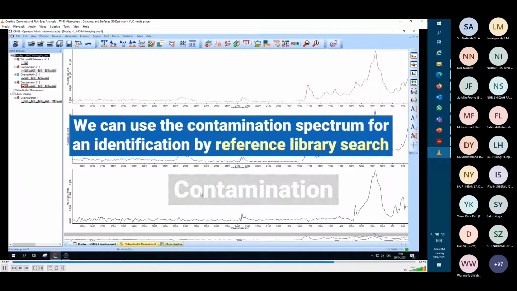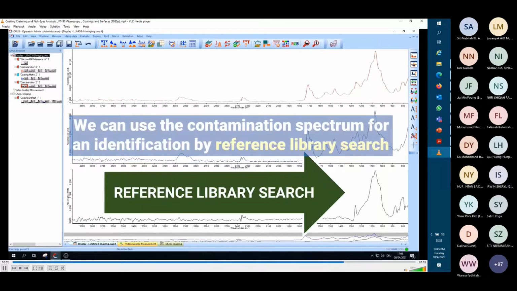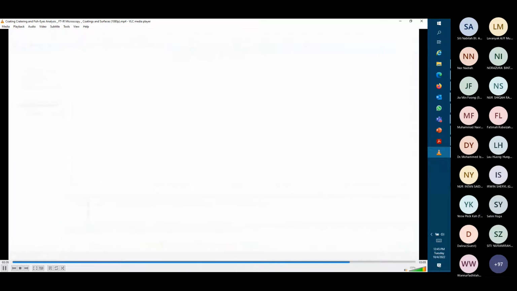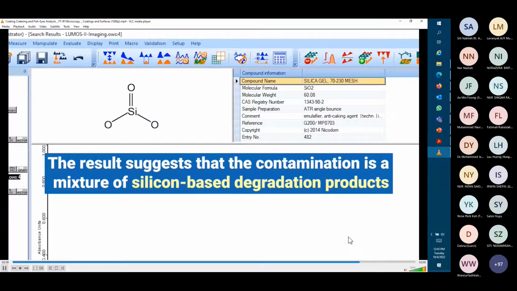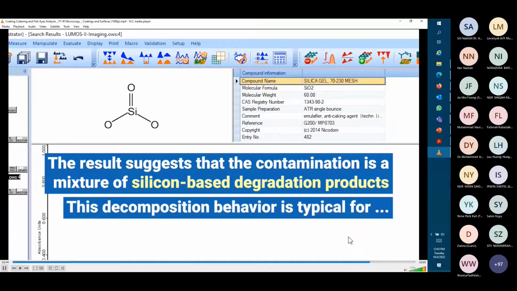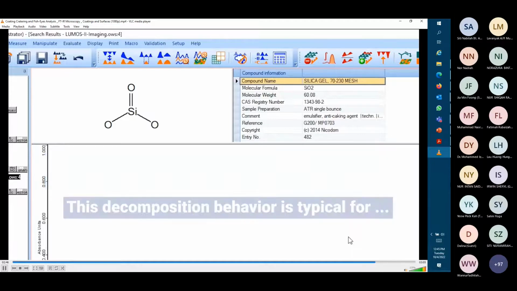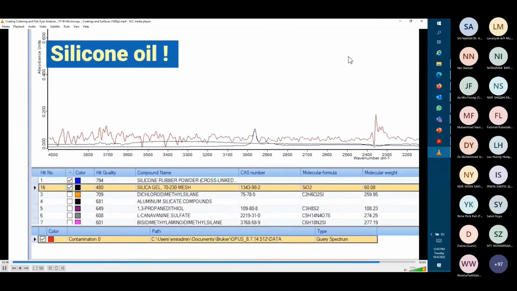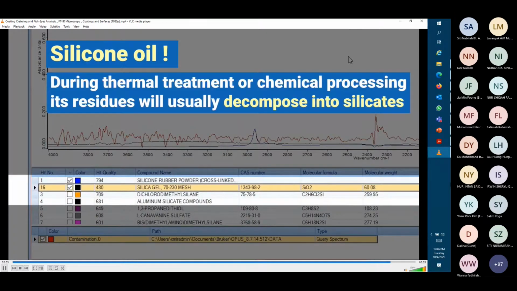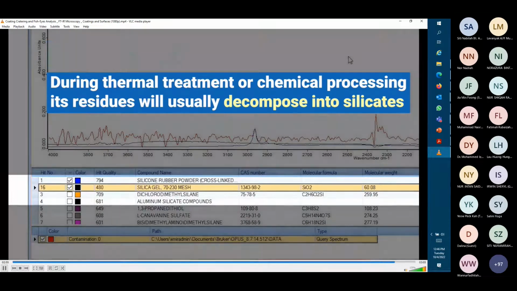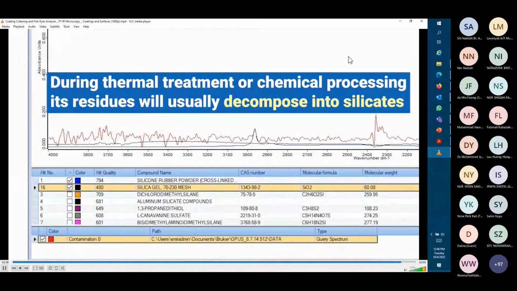By searching through the library with your contamination spectrum, you will be able to find what the cause of the contamination is. For example, in this sample, we found that it's silicon-based degradation products. In fact, it is silicone oil. It's due to the chemical process and the thermal treatments that caused this composite.